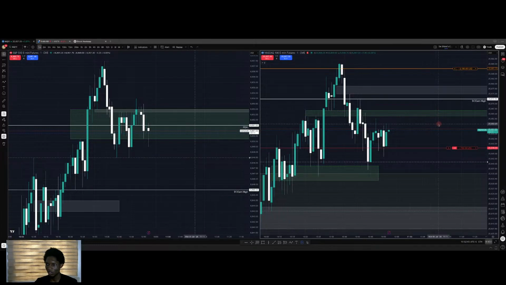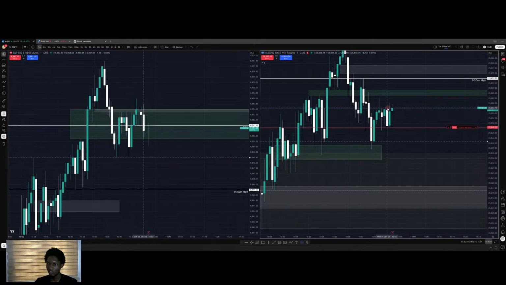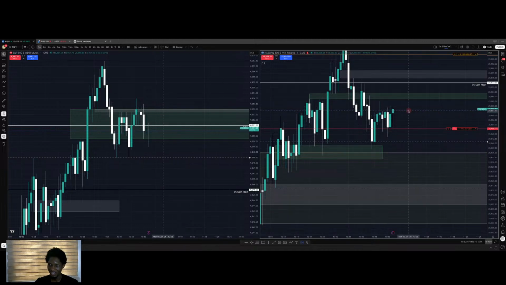So now we're just stalling. So price is accumulating. Let's see if we're going to manipulate then distribute.